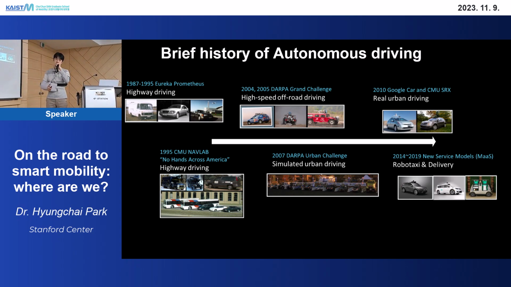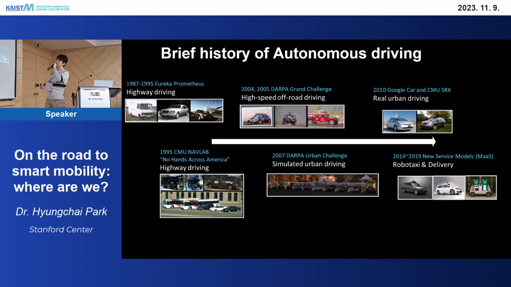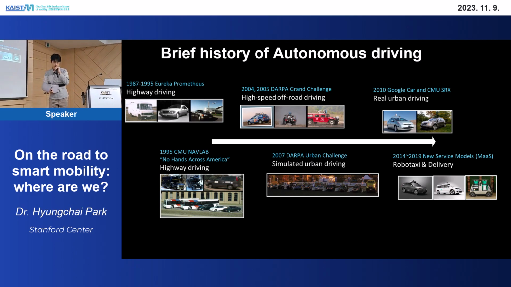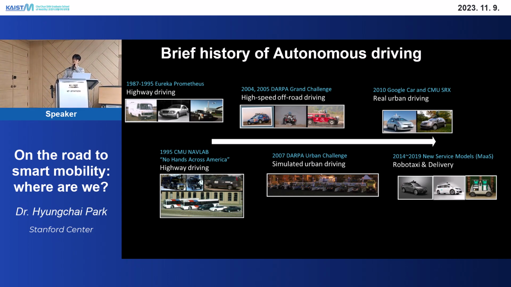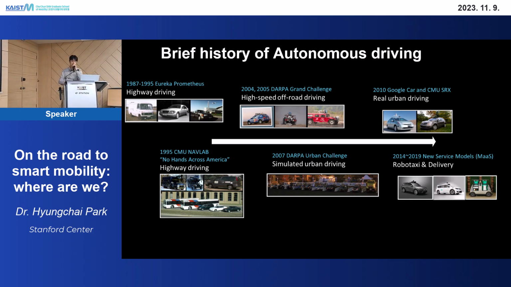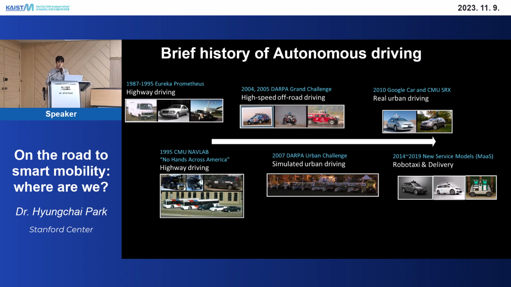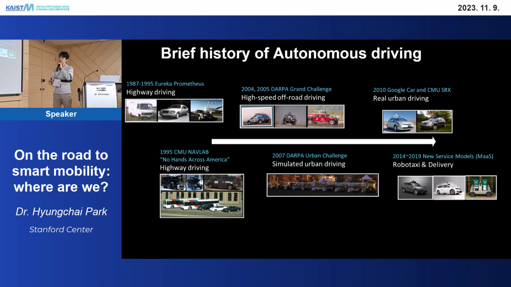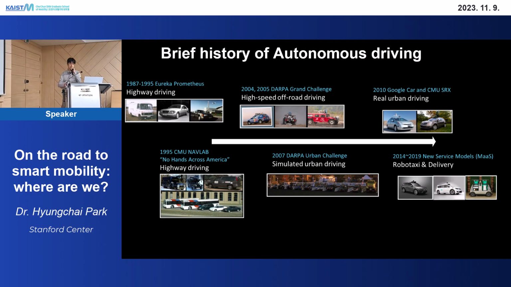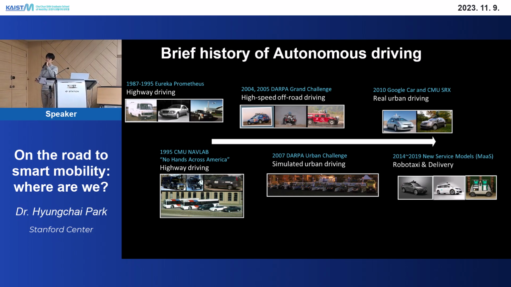They wanted to develop some military technology using autonomous driving. In 2004 and 2005, the competition was held off-road, and in 2007 in a city. It was a competition for the fastest autonomous driving cars moving from point A to B. The technologies and people who attended these competitions became the basis of modern autonomous driving.